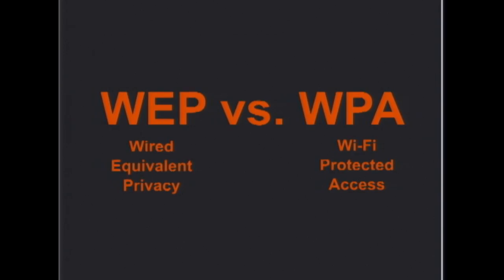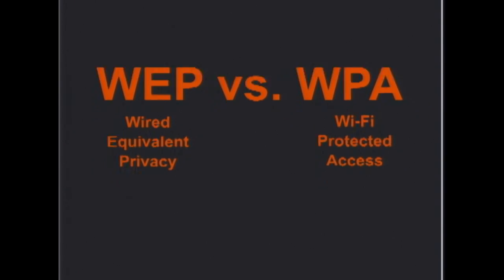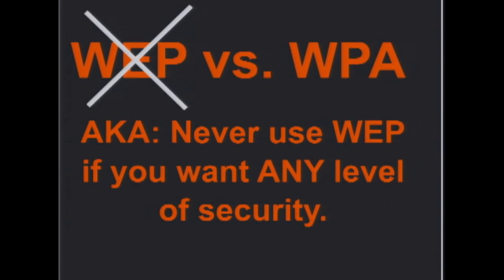So there are 2 ways, and sadly they're bad acronyms. I said the only real good term in science and computers is radio waves. One is wired equivalent privacy, which is not equivalent to wired privacy at all. And the other one is Wi-Fi protected access. This set of slides is actually known as never, ever, ever use WEP unless you don't want any security at all.